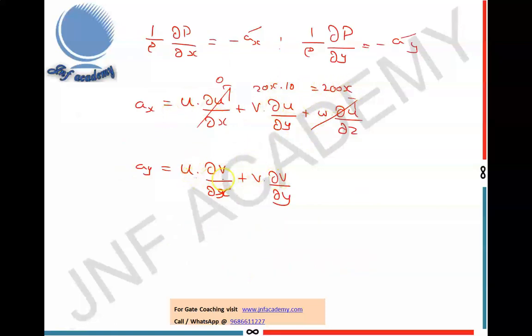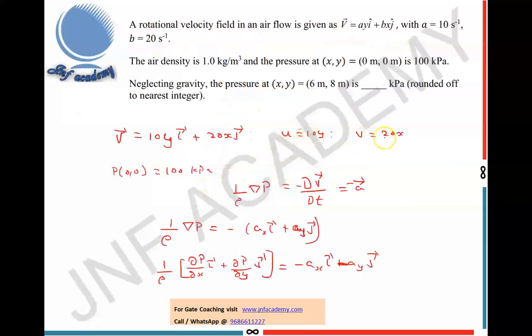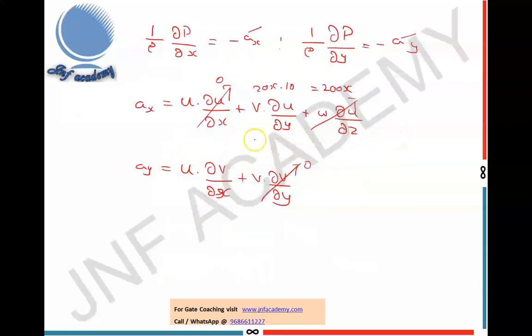Similarly here, ∂v/∂y will go to 0, because in the v term there is no y involvement. Whereas u ∂v/∂x: u is 10y, and ∂v/∂x is 20. So again this is 10y into 20, which is nothing but 200y, the acceleration along the y direction.